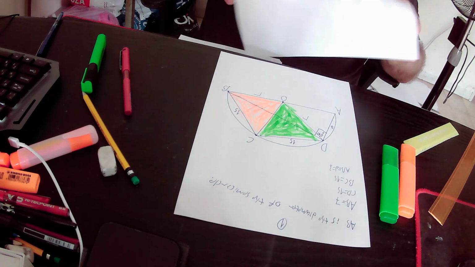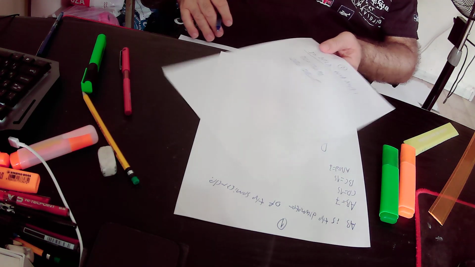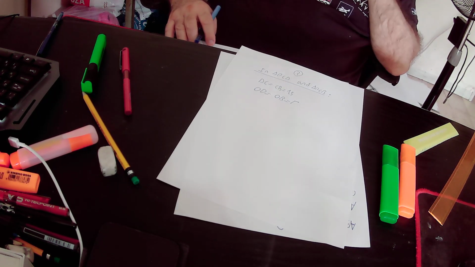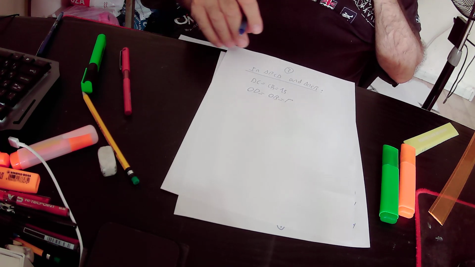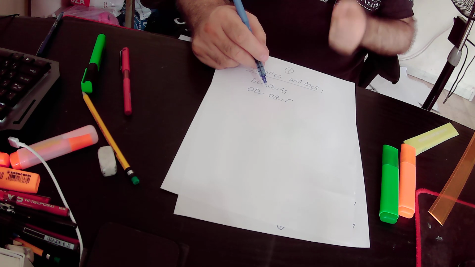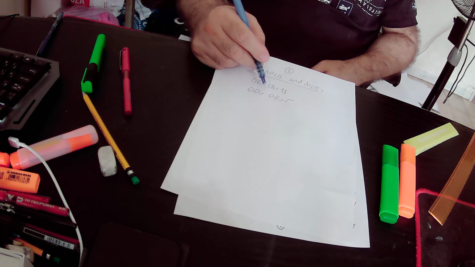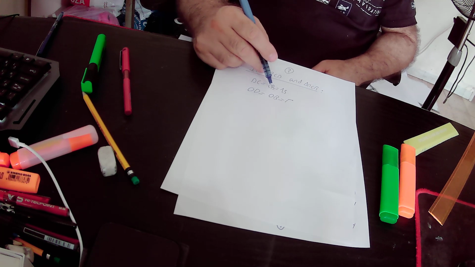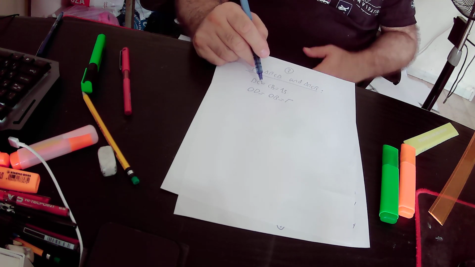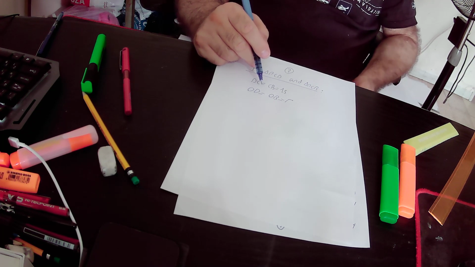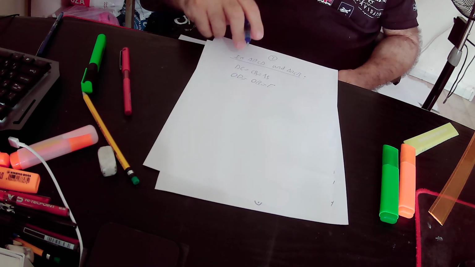So again, side OD of the green triangle is equal to side OB of the orange triangle, and both those two sides are equal to the radius of this semicircle. They are equal to each other because they are equal to the radius of this semicircle.